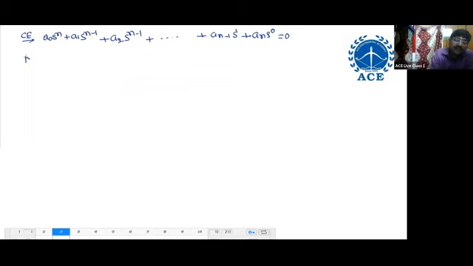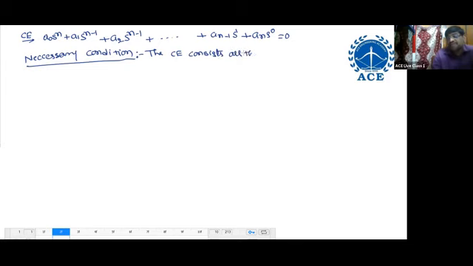The necessary condition is the characteristic equation consists of all the coefficients, and all should have the same sign.